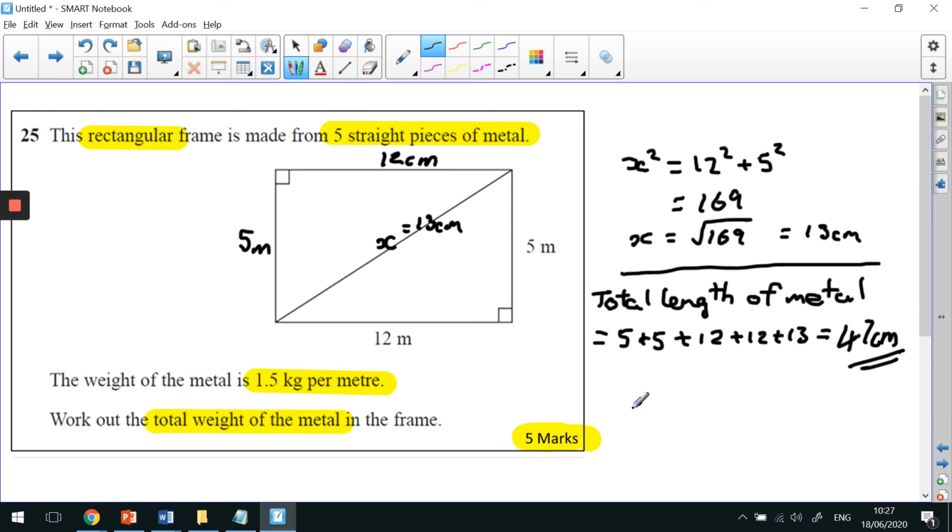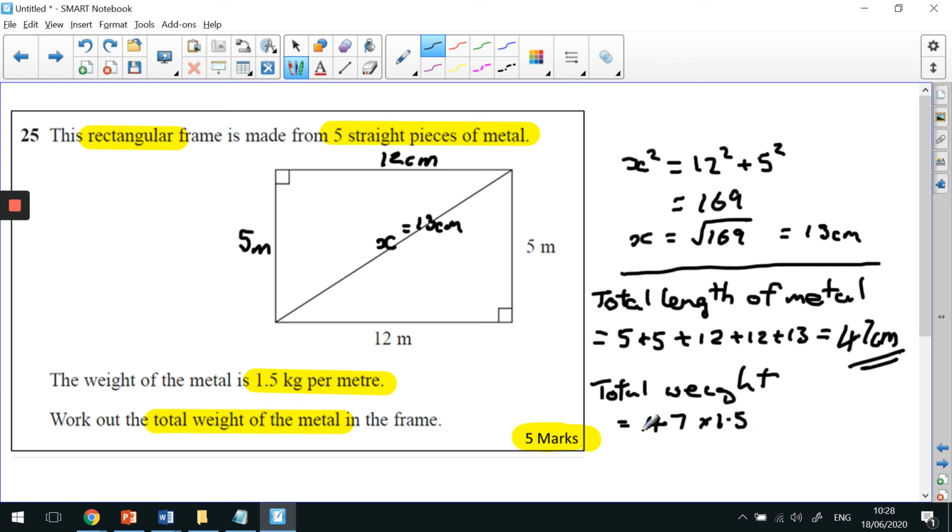And then finally, what we need to do is to find the total weight of the metal. So we know it is 1.5 kilograms for every metre. So we need to multiply the length by 1.5.